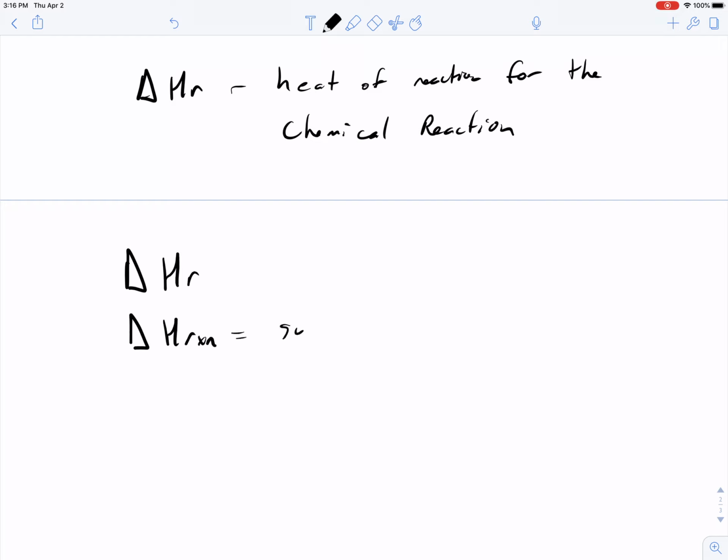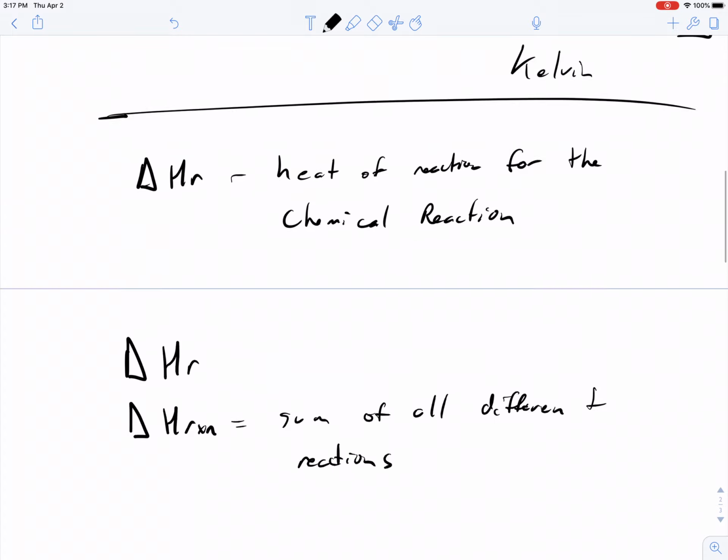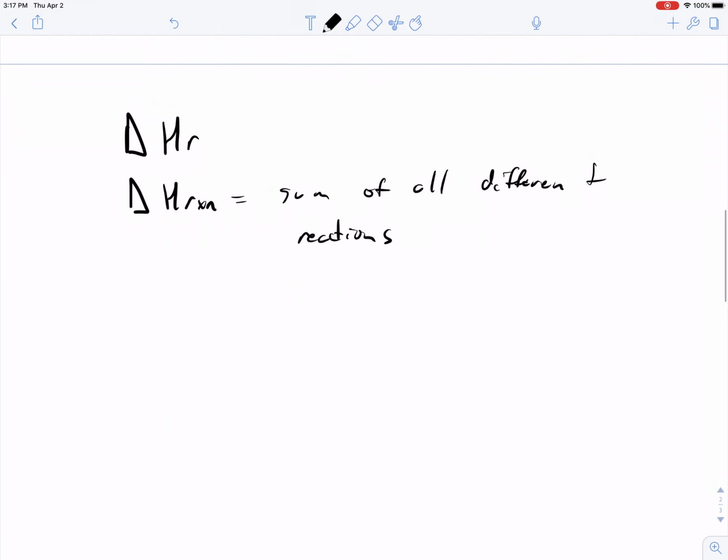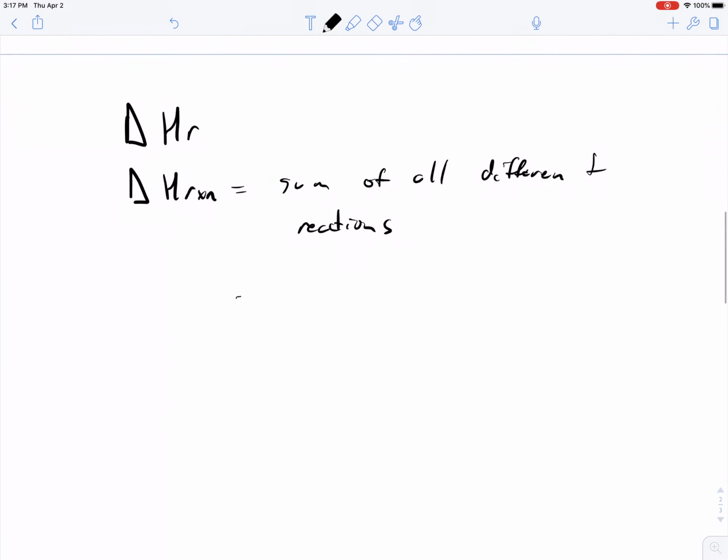So this delta H R, or delta HRXN, in a typical system where you're doing this, is the sum of all of the different reactions taking place. But in your reactor problem, on the collaboratory, there's only one, so you don't have to worry about the one reaction. And the change here has to do with a change in the energy of the chemical compounds.